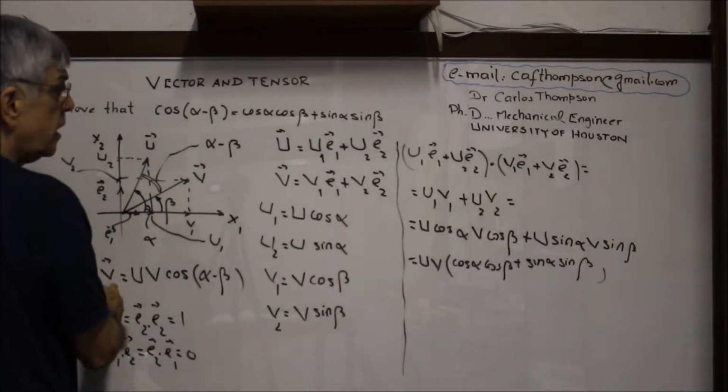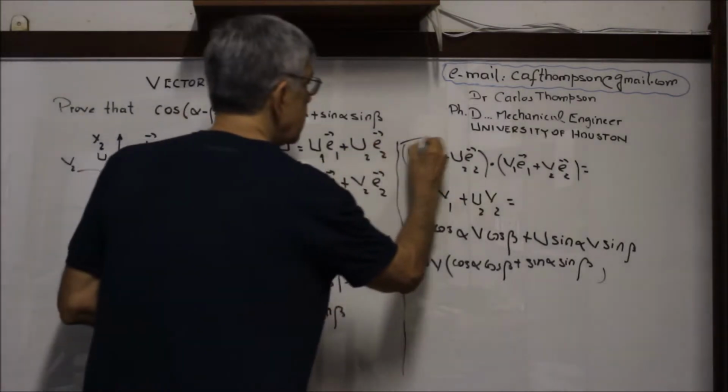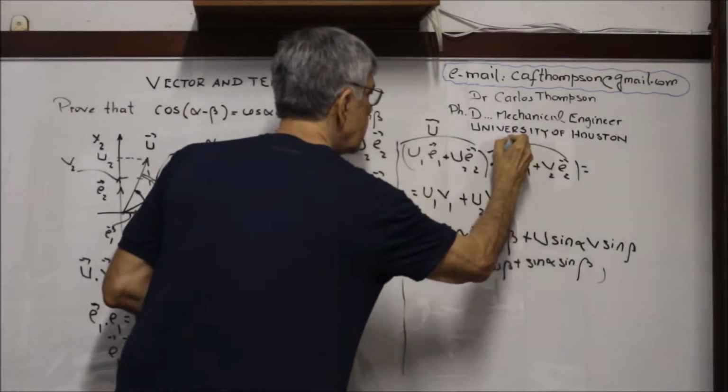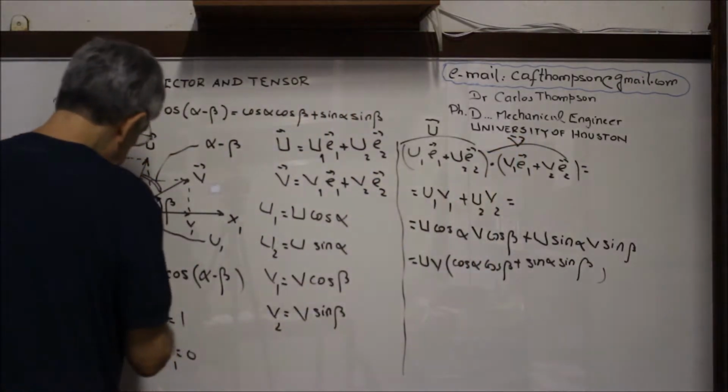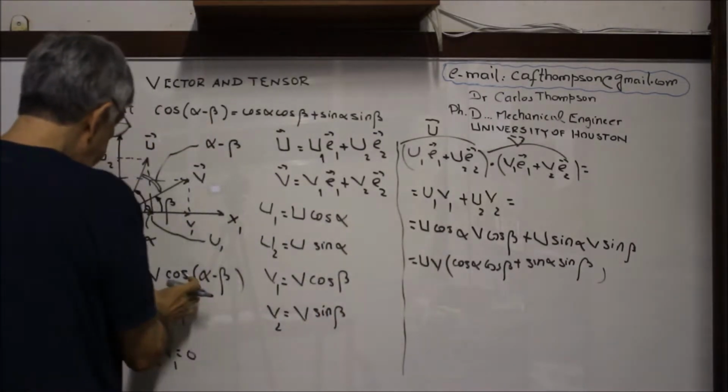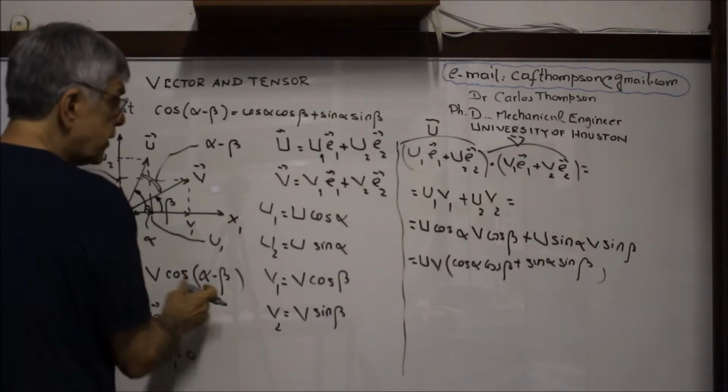This here is u dot v on the left hand side, which is this. Now I will compare with the right hand side.